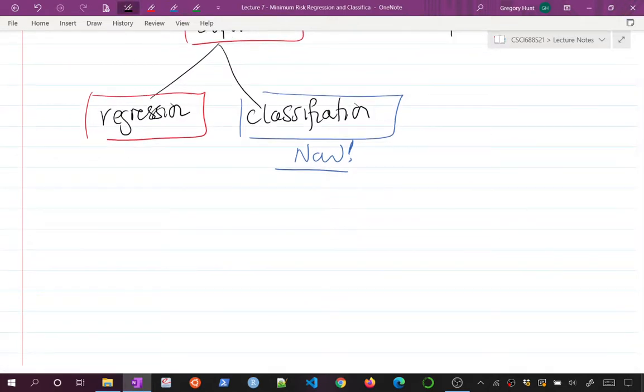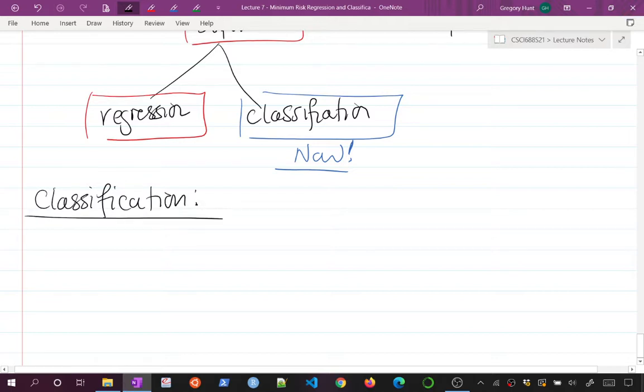So examples of classification. Classification is, I want to predict, basically anything where the response, the Y, is discrete, or categorical.